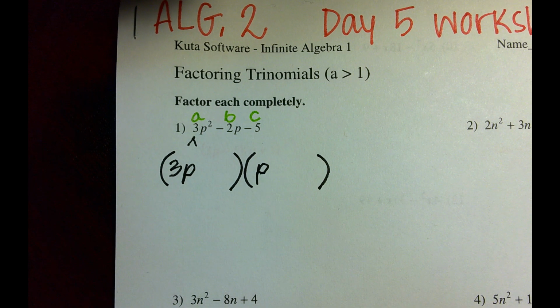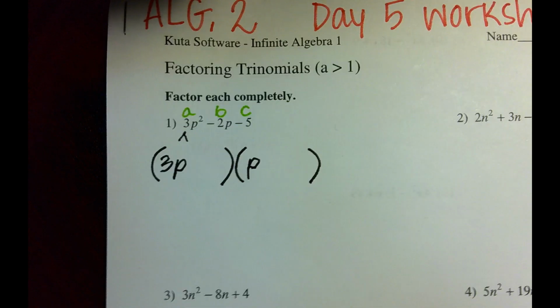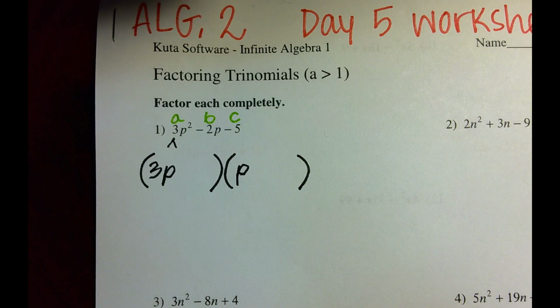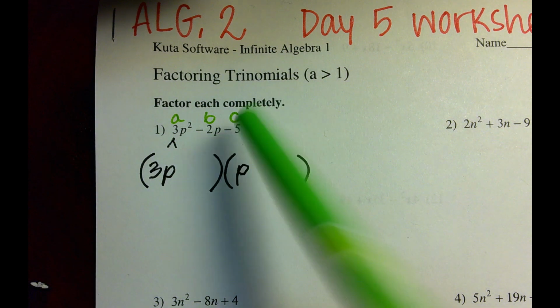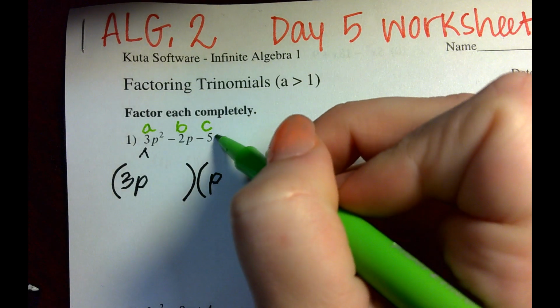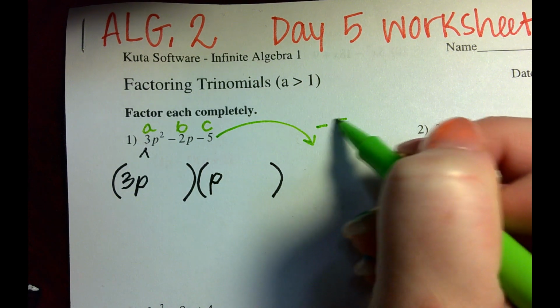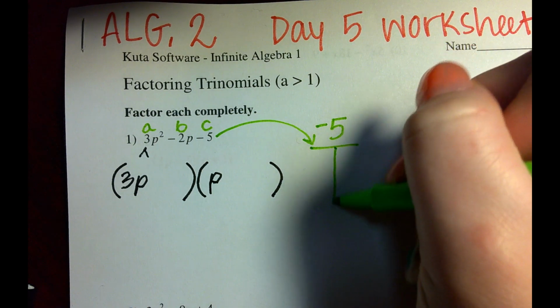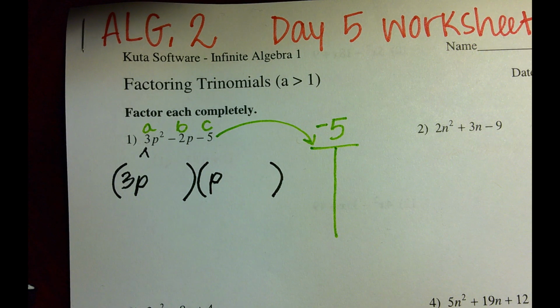Okay, so we've gotten to this point. Our A is included in our factor pairs. Where do we go from here? The factors of -5, of C. So let's see. Whenever C is negative, what are the signs of our factors? One positive number and one negative number.